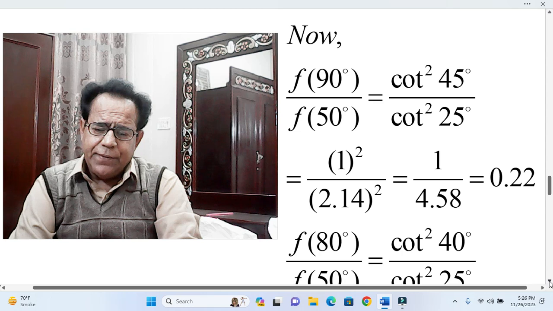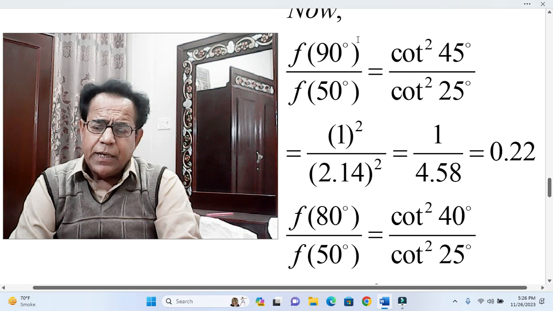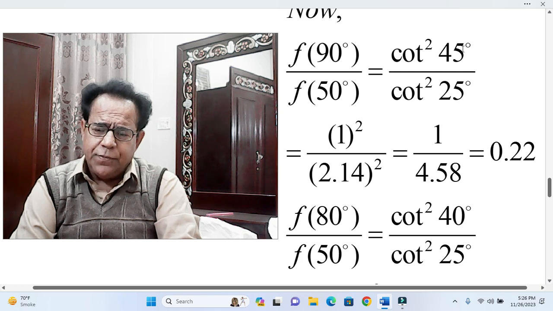Now f90 divided by f50 is equal to cot squared 45 degree over cot squared 25 degree. The value of cot 45 degree is 1, while the value of cot 25 degree is 2.14.